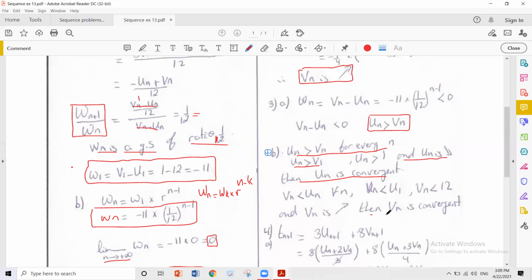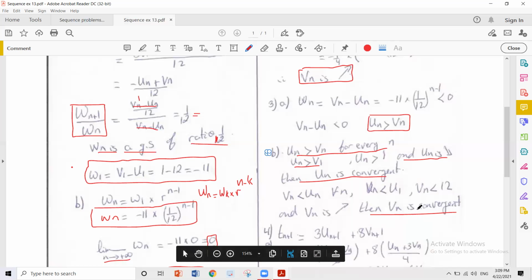And vn is increasing, then vn is convergent. So decreasing and bounded from below, convergent. Increasing and bounded from above, convergent.